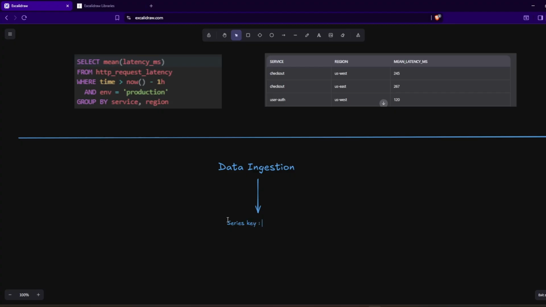So the series key will have things like HTTP request latency, and then environment, then things like region, and also the service name. Okay, so if you remember, the service name was checkout. I'm not again writing all the things.